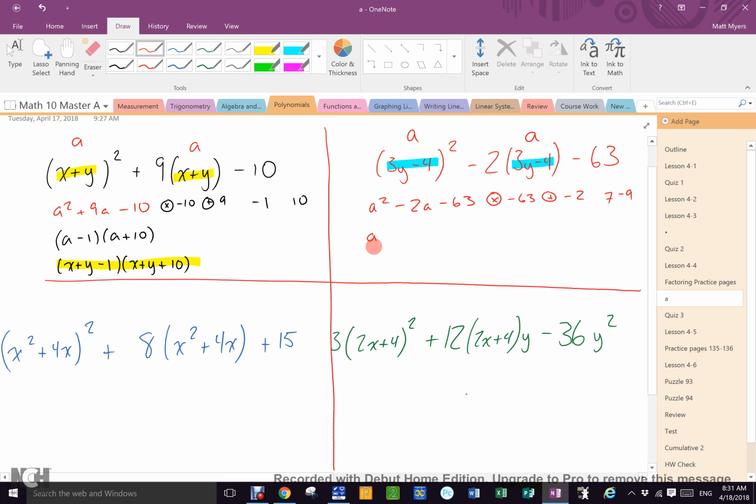So I have A plus 7, and I have A minus 9. But there's no A, is there? What's A? 3y minus 4 plus 7. And 3y minus 4 minus 9.